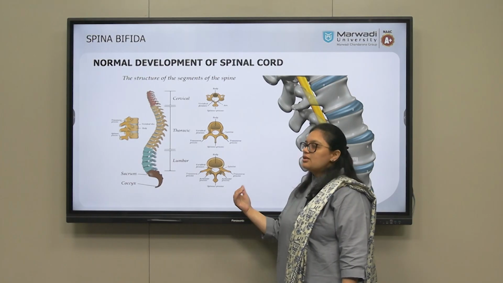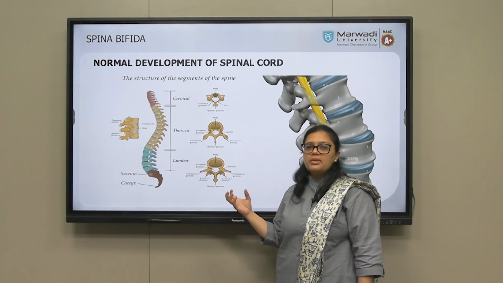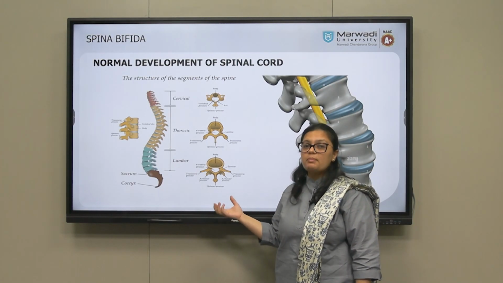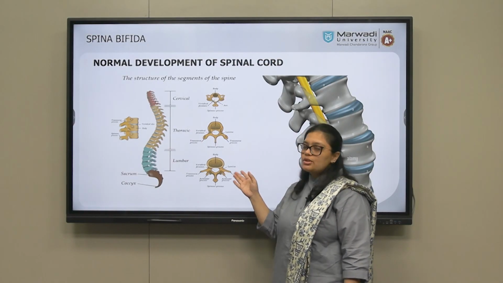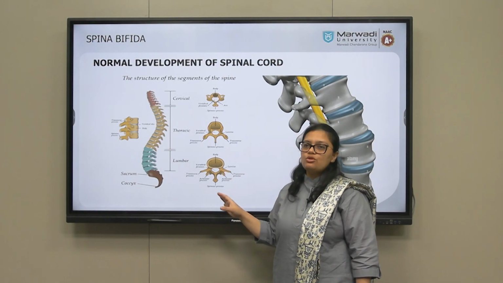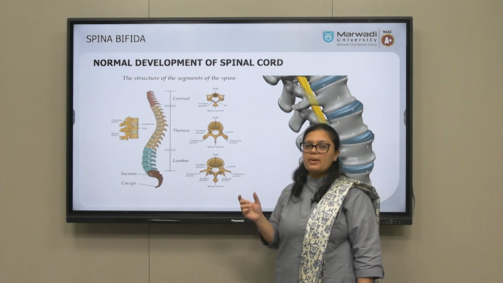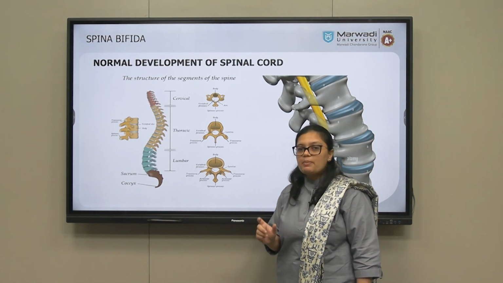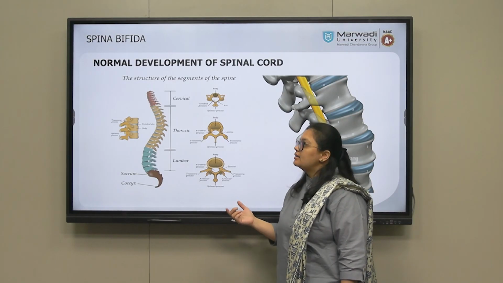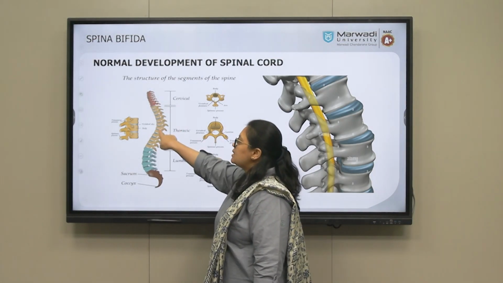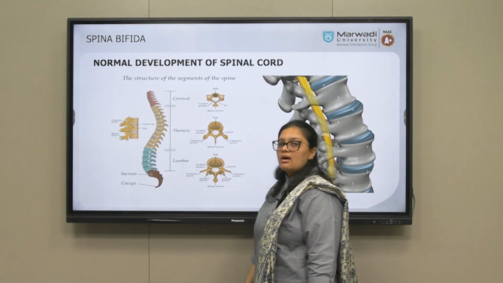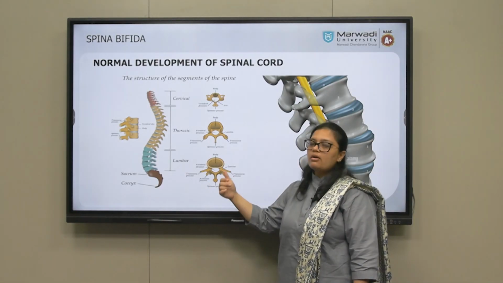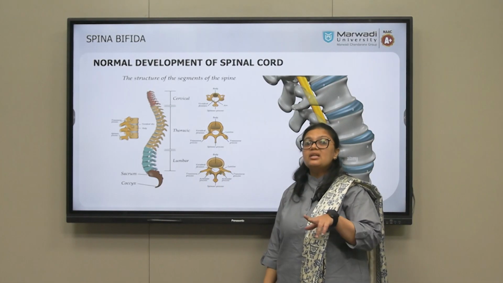Now, we need to understand where the problem will be if we have spina bifida. So, first we need to know what the term spina bifida means. The term itself says it is spina and bifida. That means any spinous process of the vertebral column will be divided.